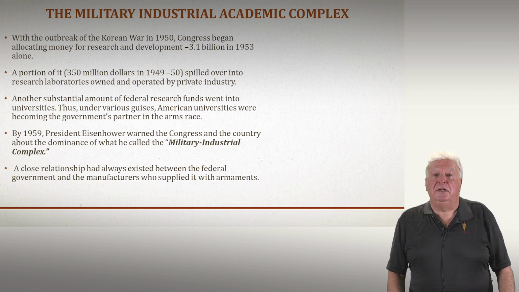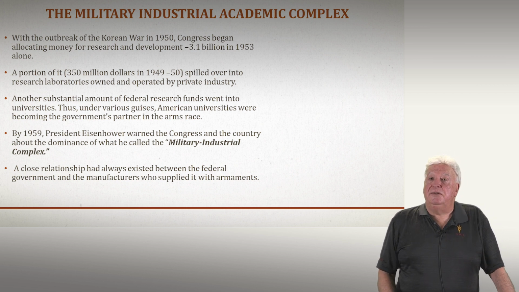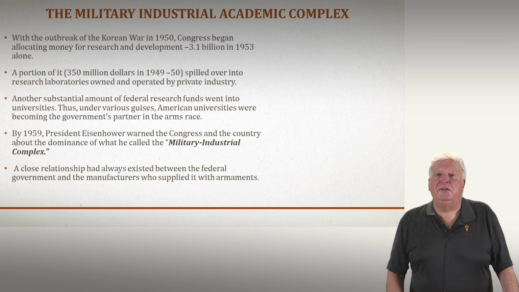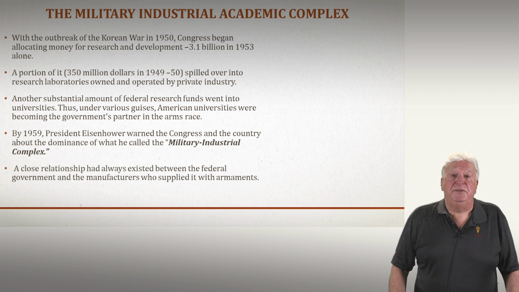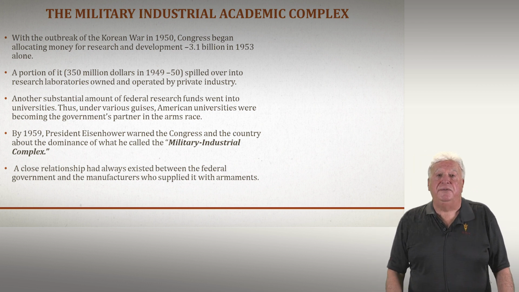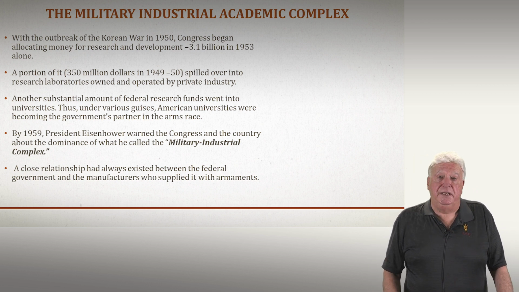Yet another portion of it, $350 million in 1949 to 50, spilled over into research laboratories owned and operated by private industry. Another substantial amount of federal research funds went into universities.